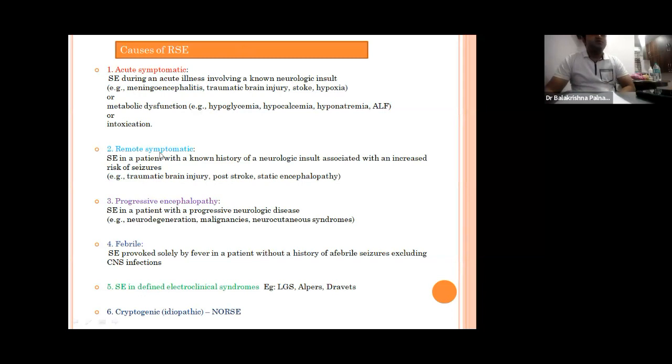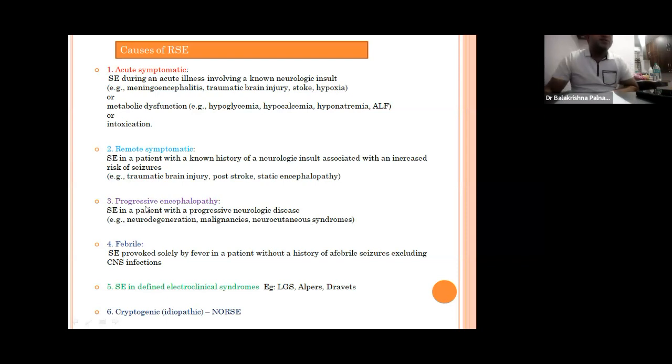Remote symptomatic is status epilepticus in a patient with a known history of neurological insult associated with increased risk of seizures, such as any TBI, stroke or static encephalopathy. If they have any neurodegenerative disorders or neurocutaneous syndrome such as tuberous sclerosis, you can term it as progressive encephalopathy.